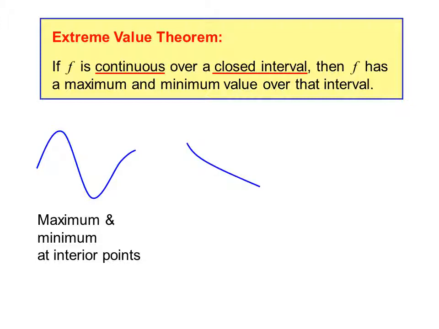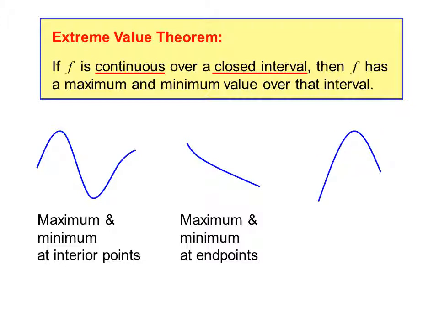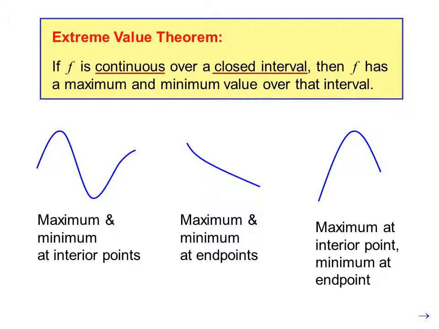In this next example, both the maximum and minimum occur at endpoints. And in our third example, the maximum occurs at an interior point and the minimum at an endpoint. So we have the maximum here at an interior point and the minimum at the endpoint.